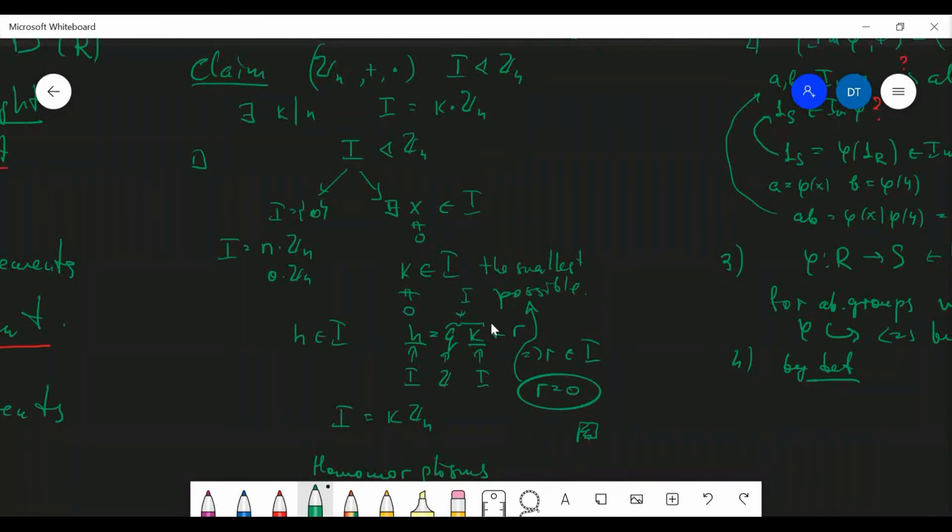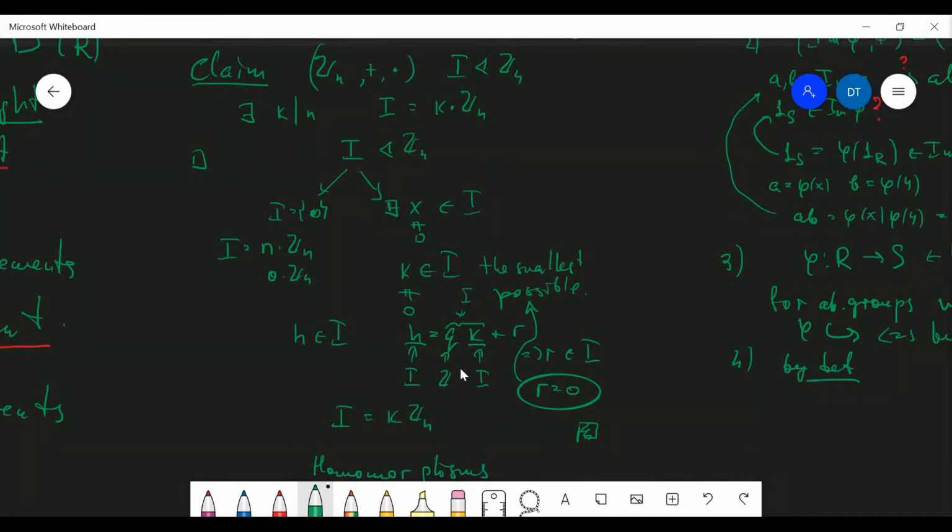Okay. So the only thing I need to explain here is this part, why R is also inside I. And here I use axioms of I. What do I have? From here, H belongs to I. From here, K belongs to I. Q is an arbitrary integer.